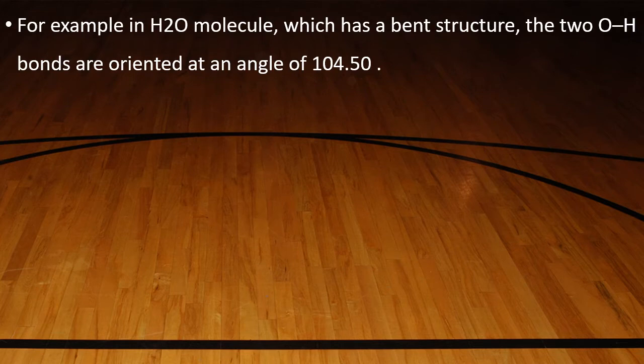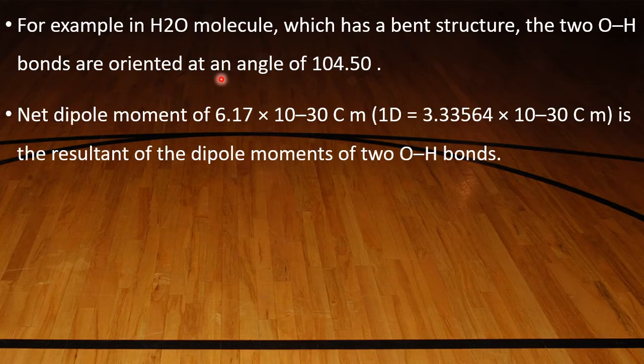Today our first example, H2O. It is a bent structure. Earlier, the structure of water was understood to be linear.